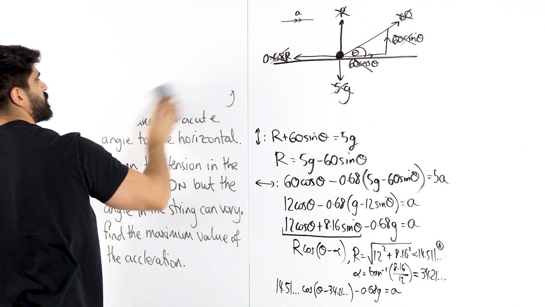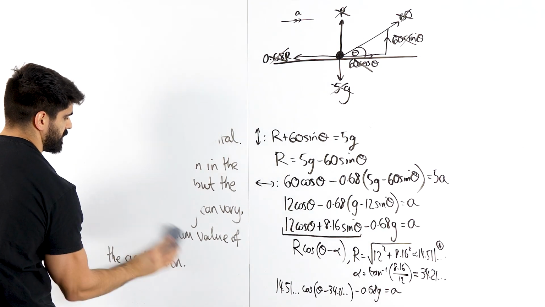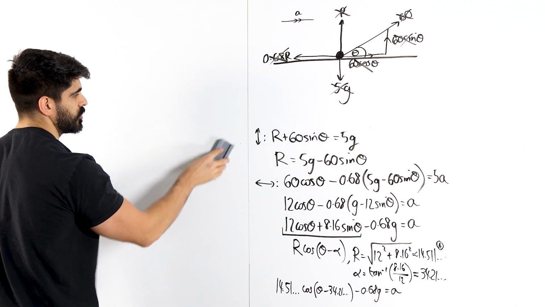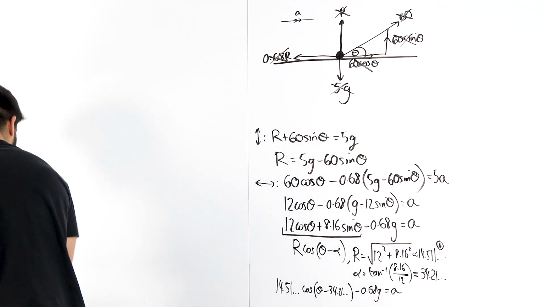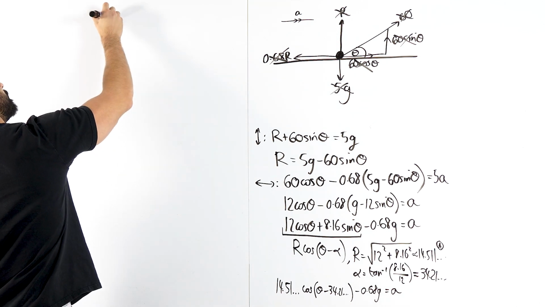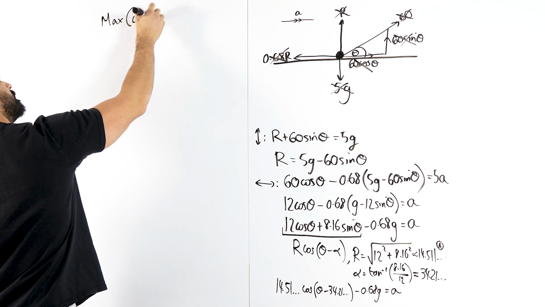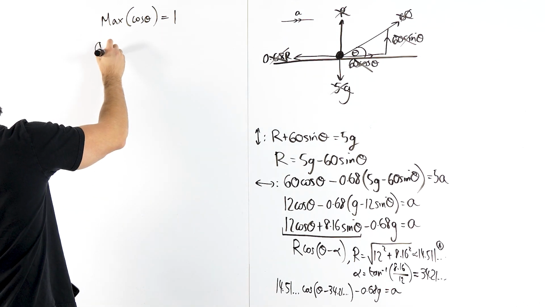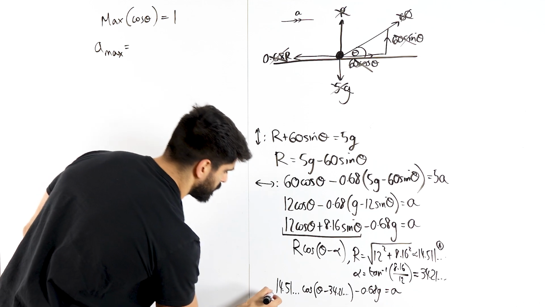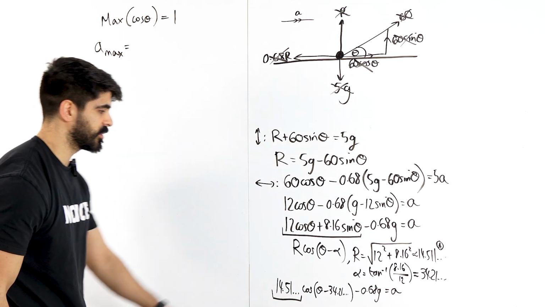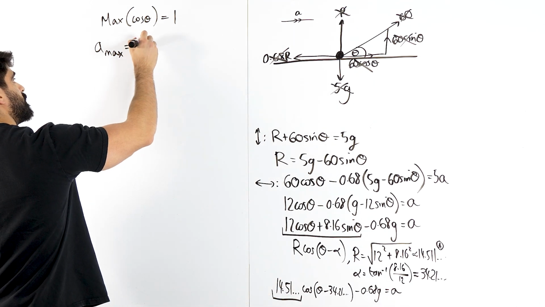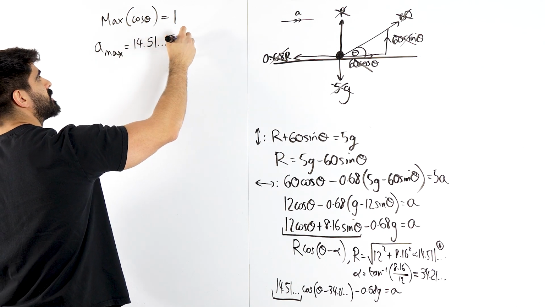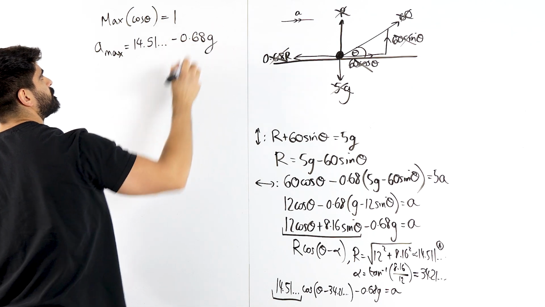So to find the maximum value, it's actually very simple. You consider the cosine graph. You guys can answer this question for me. What is the maximum value of cos theta? You should all tell me 1. So the maximum of cos theta is 1. So the maximum value of this is going to be the coefficient, which is that 14.51, because you're multiplying by 1, so 14.51 minus 0.68 g.